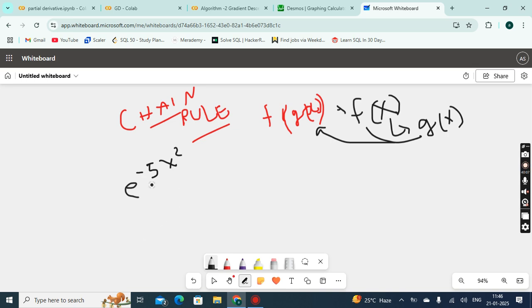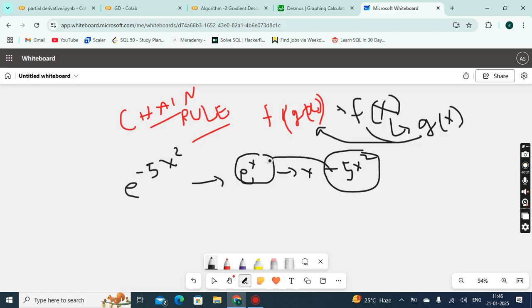You can see I have a function within a function: my general function is e of x, and now my x is minus 5x squared. So one function, and another second function, a function within a function.